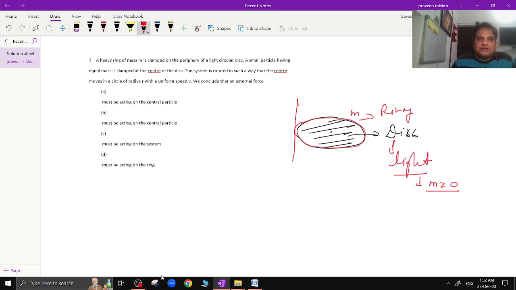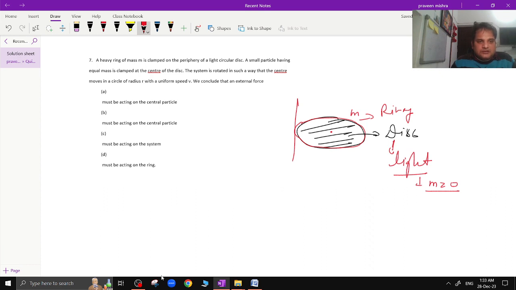We conclude that an external force must be acting on the central particle. Must be acting on the system, an external force.